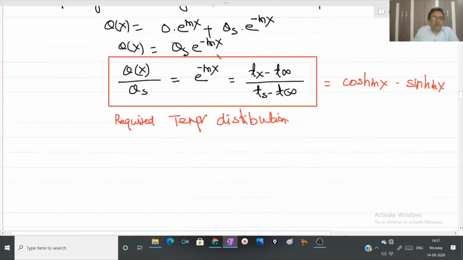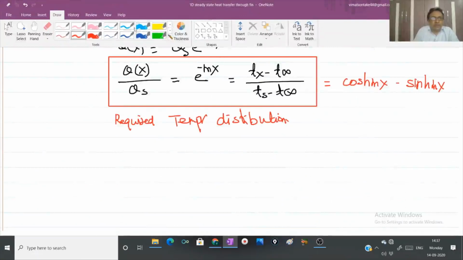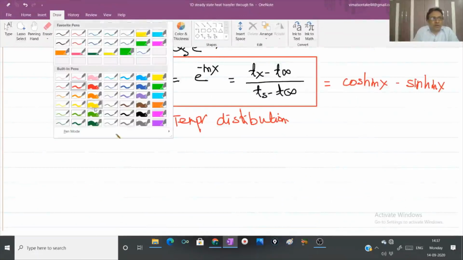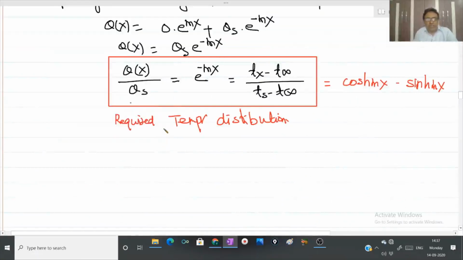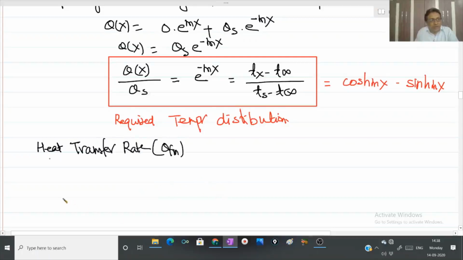So this is the required temperature distribution for heat transfer or dissipation from a fin of infinite length. Then next is heat transfer rate, the heat transfer rate by this fin of infinitely long length.